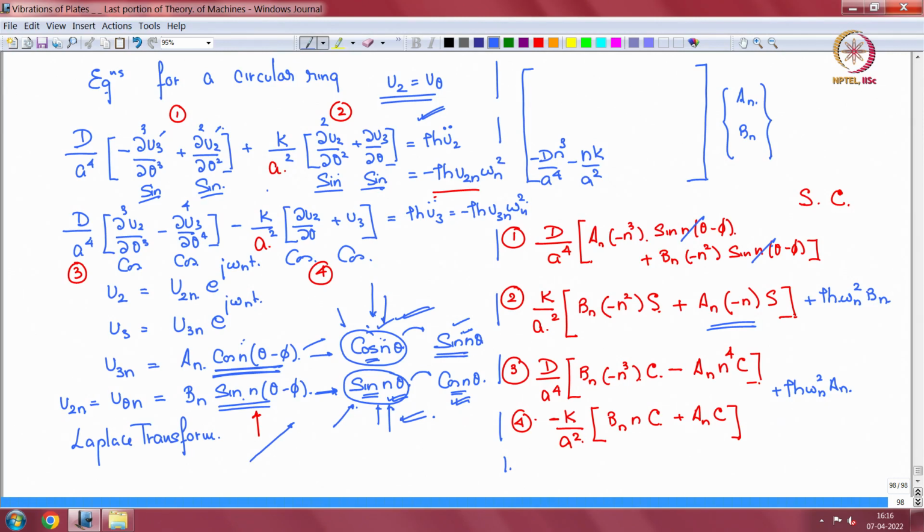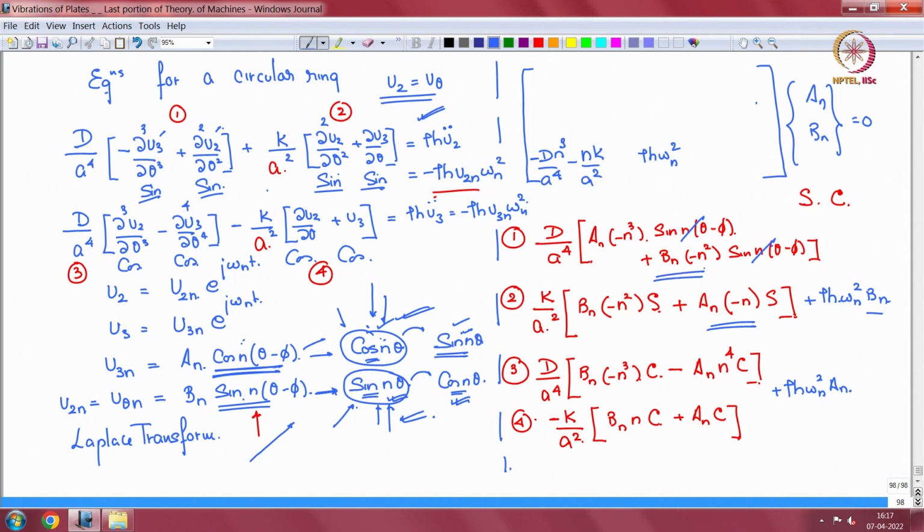Okay, then I get a plus rho h omega n square from here Bn, then I get a minus n square d by a4, minus n square d by a4, so it's done.